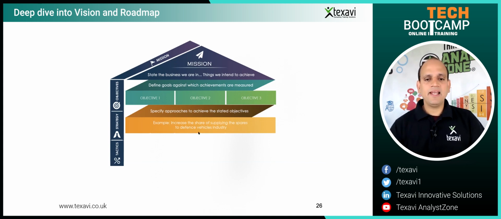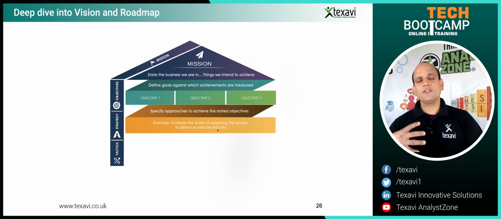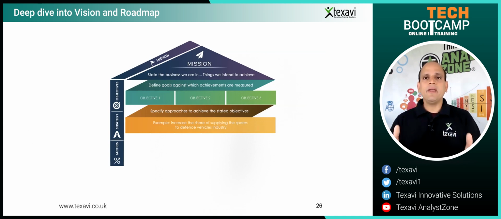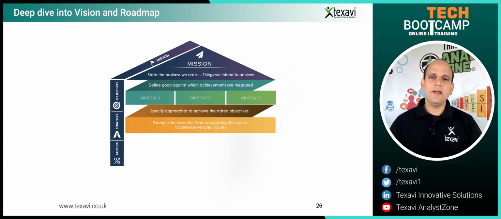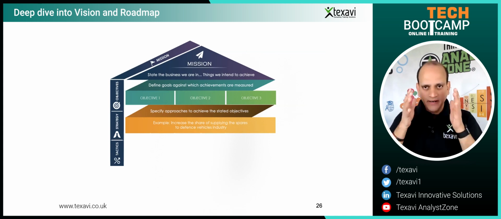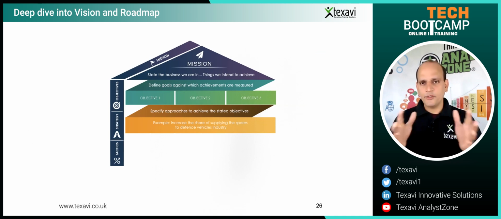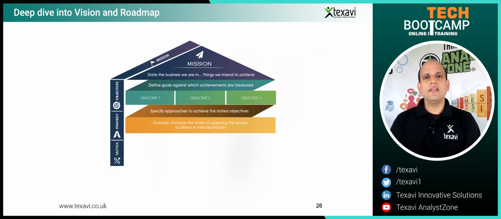Increase the share of supplying spare parts to defense vehicles. This is a market. One of the strategies could be to define the market: which market you would like to go after, what geography, what vertical, what domain: aerospace, defense, retail, healthcare. They're all different domains, right? So you can define your particular market in terms of a domain, or the vertical within that domain as well.